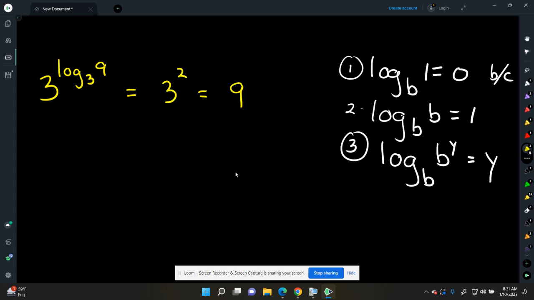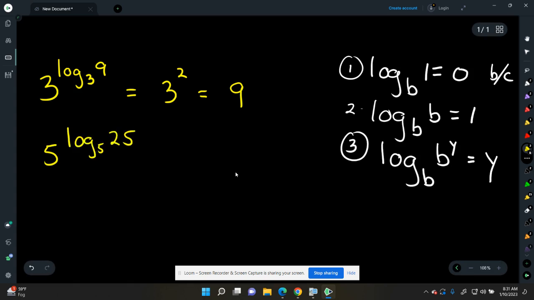Okay, how about 5 to the log base 5 of 25? Okay, 5 squared is 25, so that means log base 5 of 25 is, okay. So Gavin, you are going to the right place. Your brain is retrieving the correct information, but you're saying it incorrectly.